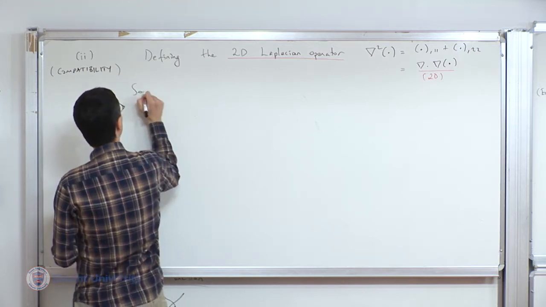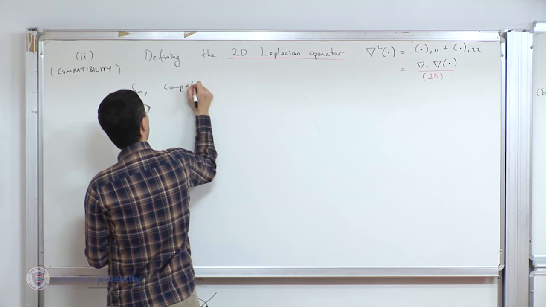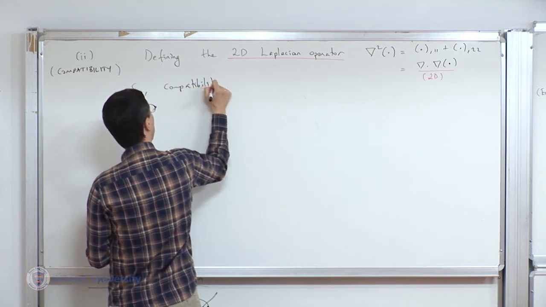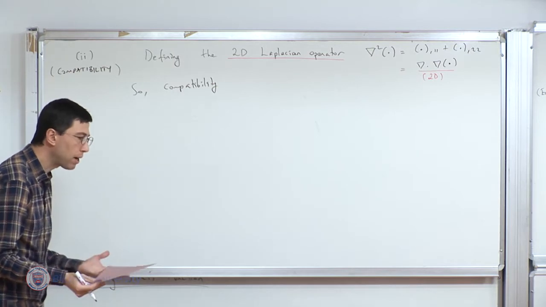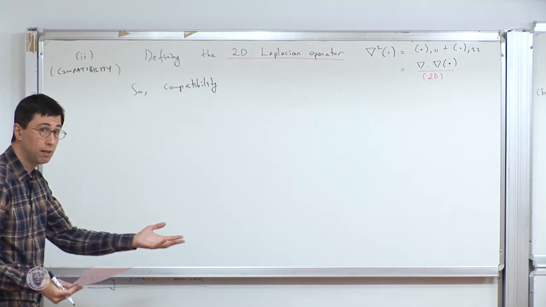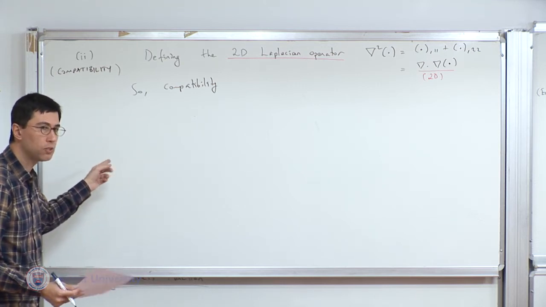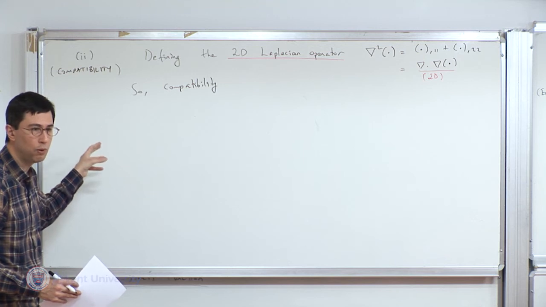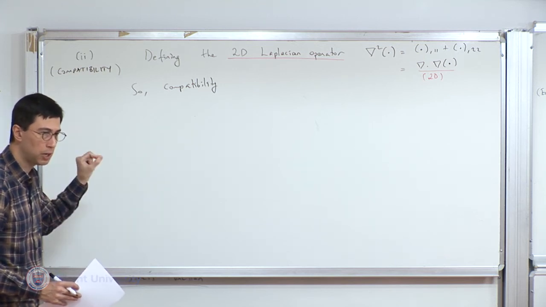Now, let me also remind you from last time, we did something important for our purposes. Because we are working in a stress-based setting, I had my compatibility equations enforced on the strain, but now we're working in terms of stress. So what we did last time was, for these types of 2D problems, we formulated the compatibility requirement in terms of stress. Okay?